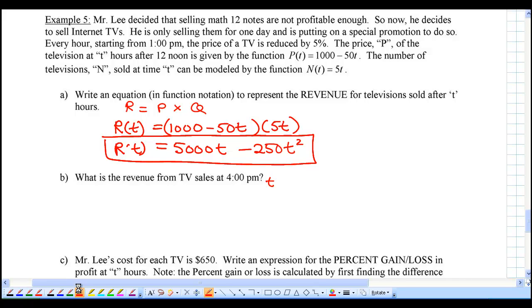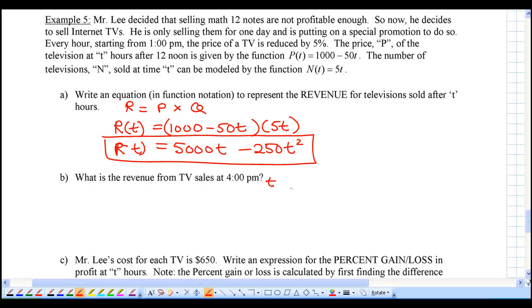So therefore, T equals 4. Let's just plug that in. R of 4 equals 5,000 times 4 minus 250 times 4 squared. And if you calculate that, I believe it's $16,000. So I've raked in $16,000.